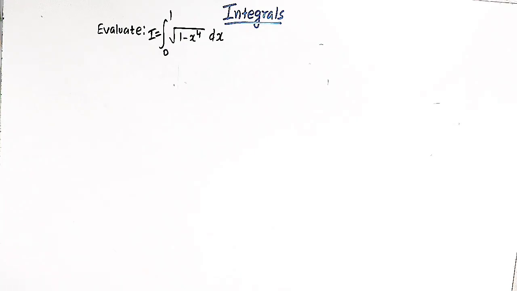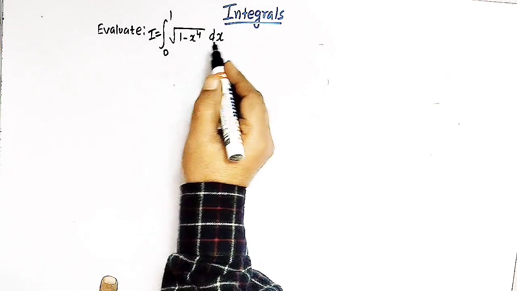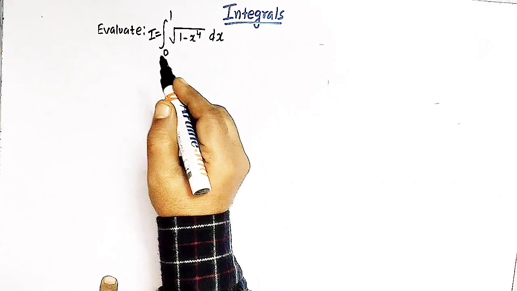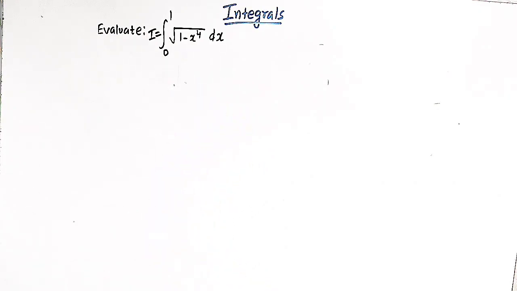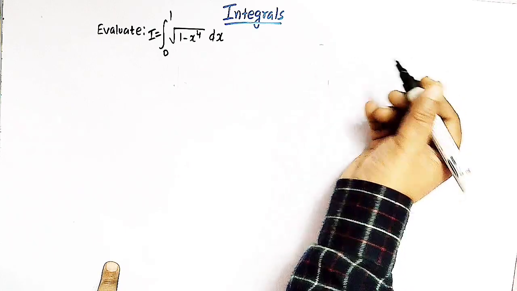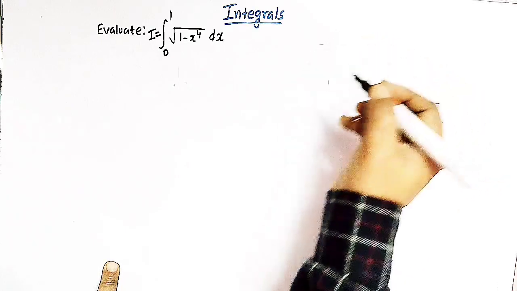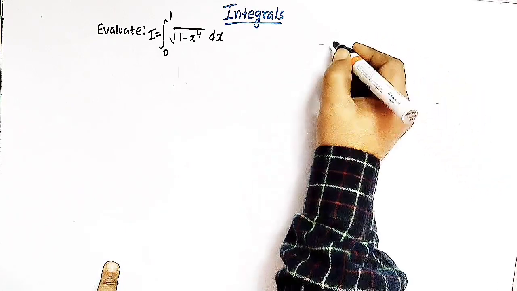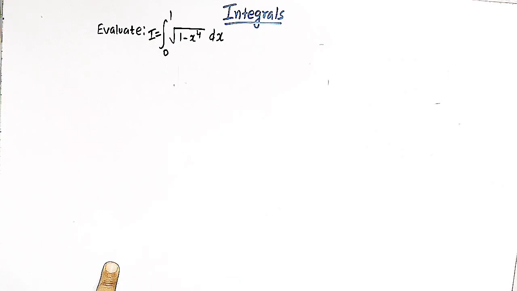Here let us briefly see the important results from beta and gamma functions which are going to be used while evaluating this integral. We are going to make use of the definition of beta integral, which is also known as beta function, or Euler's integral of first kind.